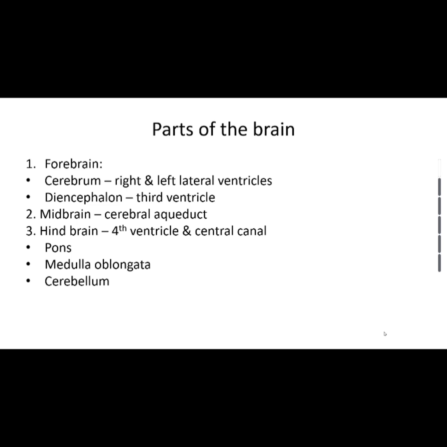There is the choroid plexus within the epithelium of these ventricles. Those are the ones that produce CSF. So in the cerebrum, we have the right and left lateral ventricles. And then in the diencephalon, which consists of the thalamus and hypothalamus, we have the third ventricle.